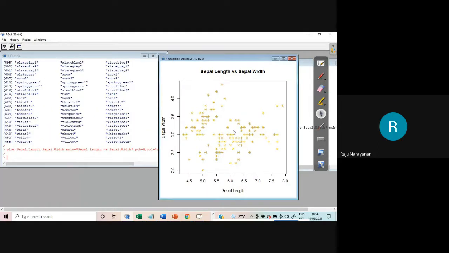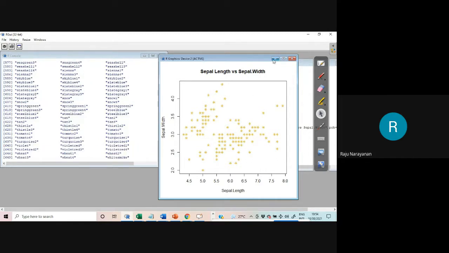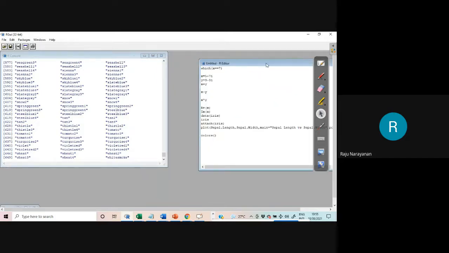And remember, it is just to make our presentation beautiful. That's all. It has nothing to do with the data analysis. And you can change the colors.